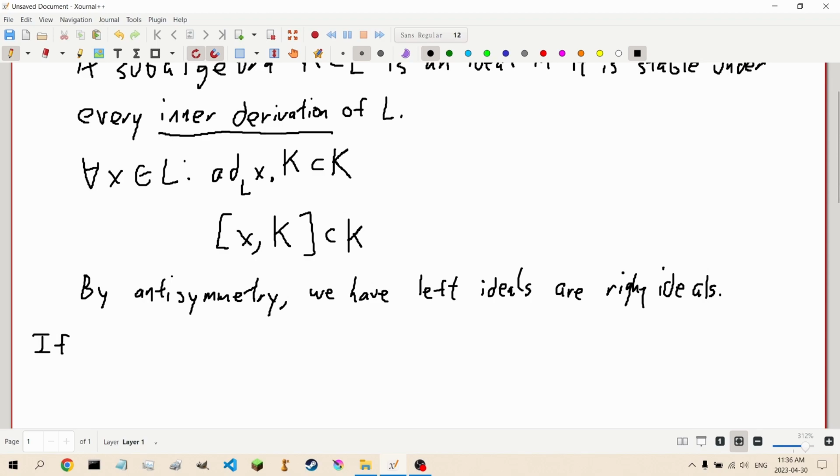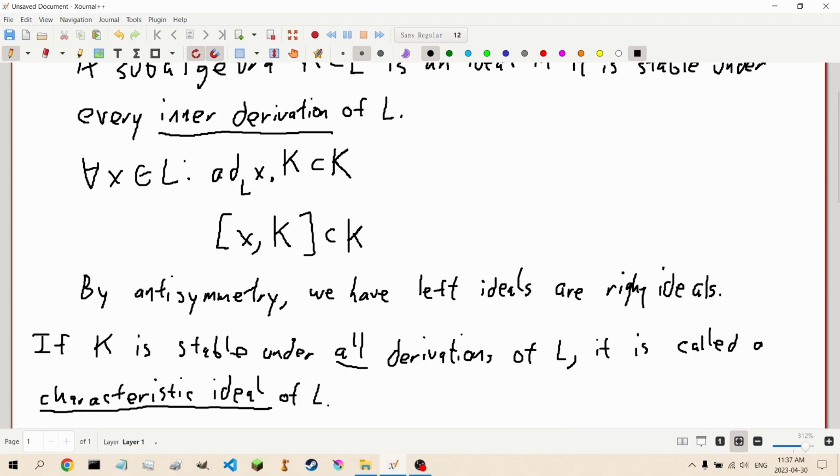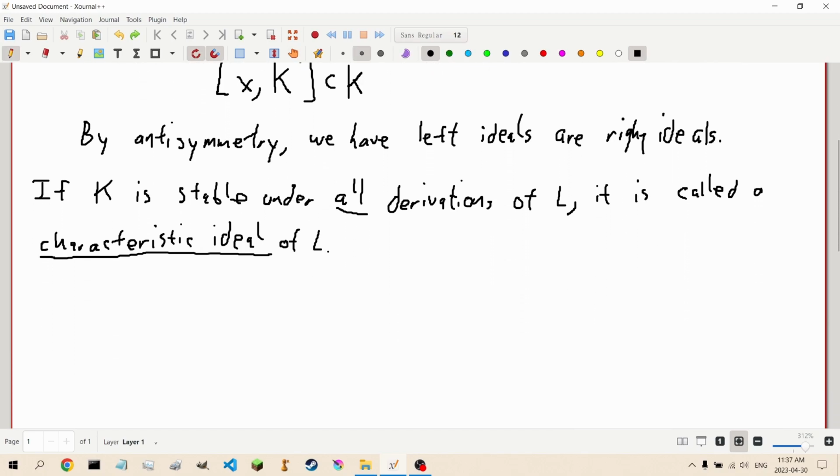If K is stable under all derivations of L, it is called a characteristic ideal of L. Because remember, a derivation is just a map on L which splits across the product.